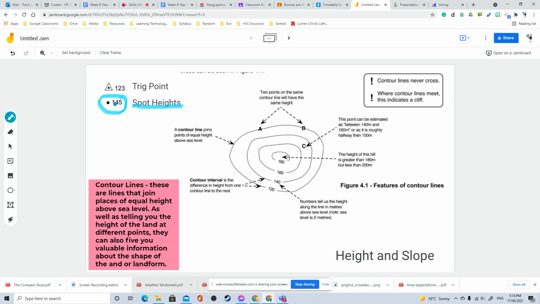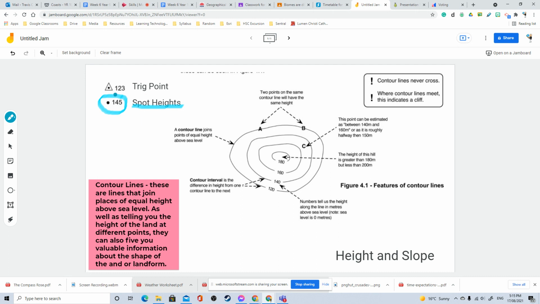So that's 145 meters. When we look at this diagram, we have a high point here, where this little laser pointer is pointing to. So that's spot heights, and we should look for these on maps.